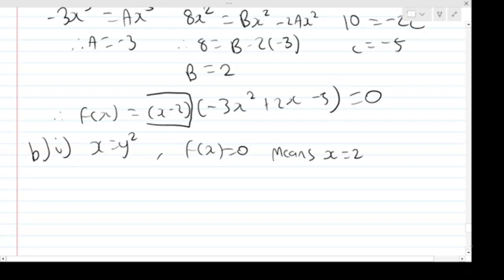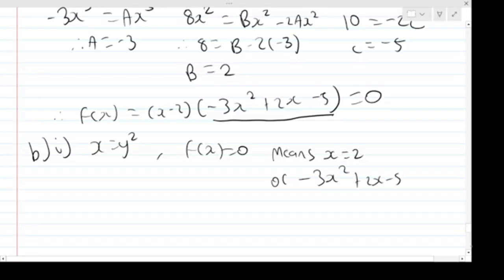Firstly, this bracket here, x minus 2 is 0, which means x is 2 is the root, or this other fat bracket, minus 3x squared plus 2x minus 5, is equal to 0. Now I could use the formula, but I have a weird feeling there are no real solutions to this.